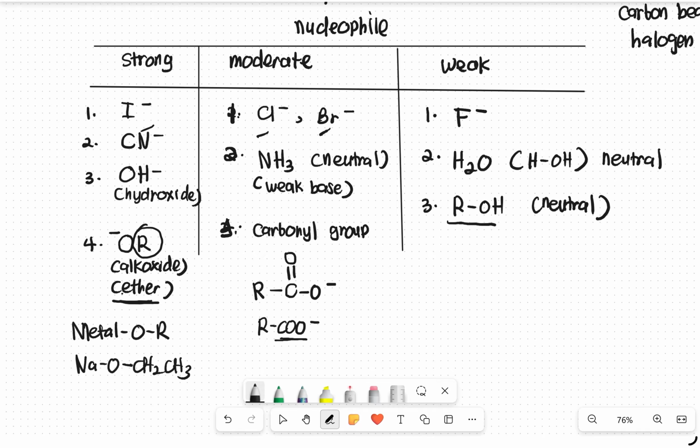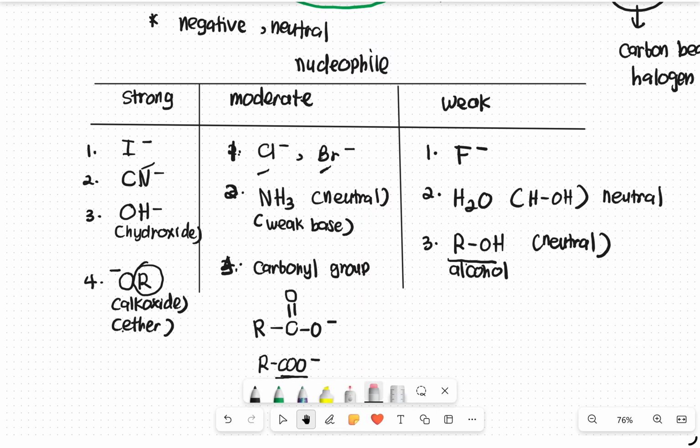See, it's not alcohol. Alcohol means that the R, for example CH3, must attach to OH. So this is alcohol. Make sure you know the difference. If you don't know the difference, then we cannot proceed to the mechanism later. So make sure you know these nucleophiles, at least you know the nucleophile first.